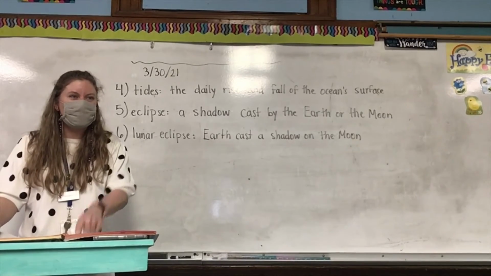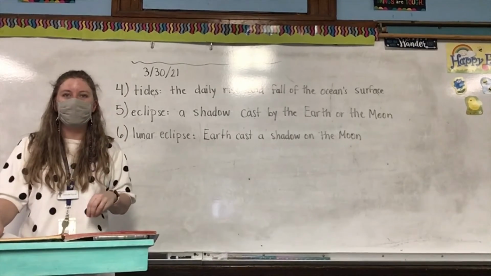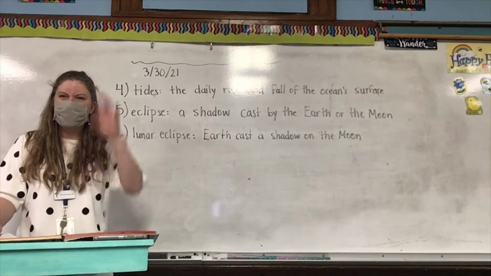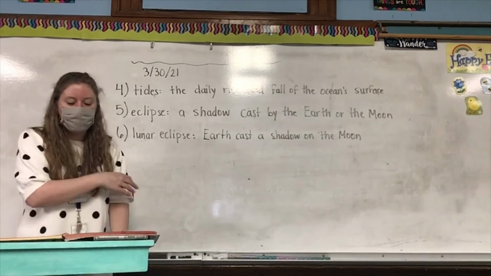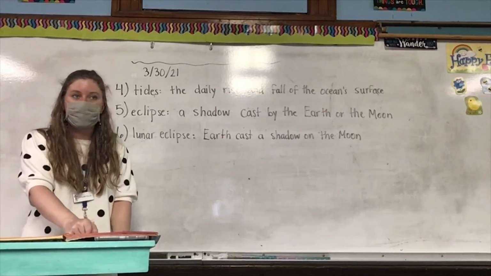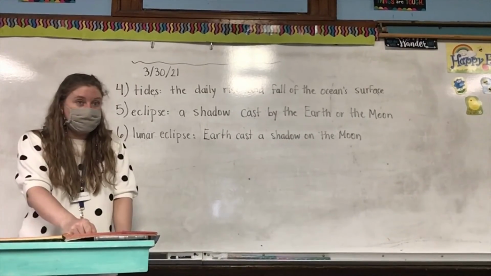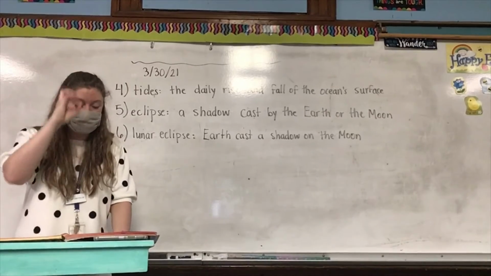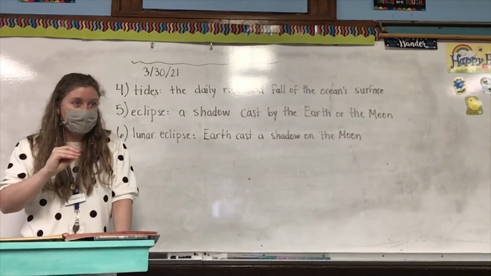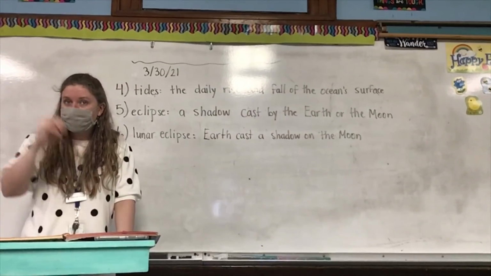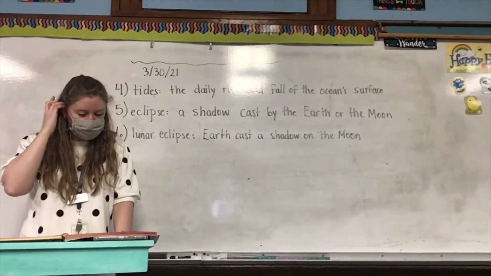It's usually to where it's not directly behind or in front of the Earth. It's kind of up a little. But occasionally, because of our orbits and our rotations and everything, the moon is not above the Earth. It's directly behind the Earth. So no light can shine onto the moon in these cases.